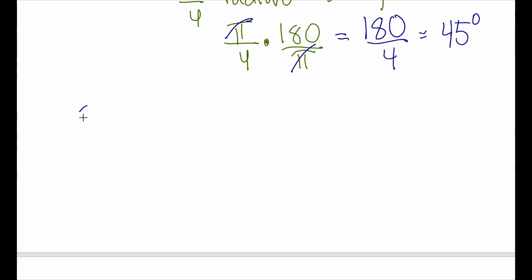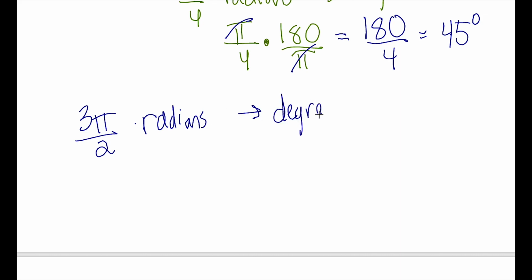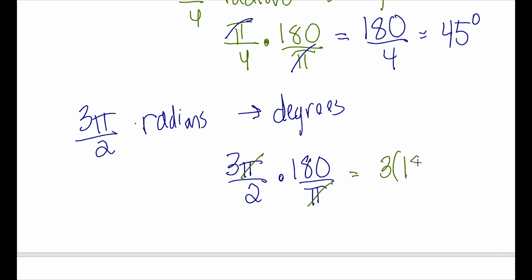Then what if I asked you to convert 3 pi over 2 radians to degrees? We would just follow the same process. 3 pi over 2 times 180 over pi. The pi's will simplify. Multiply across the top, then divide by the denominator.